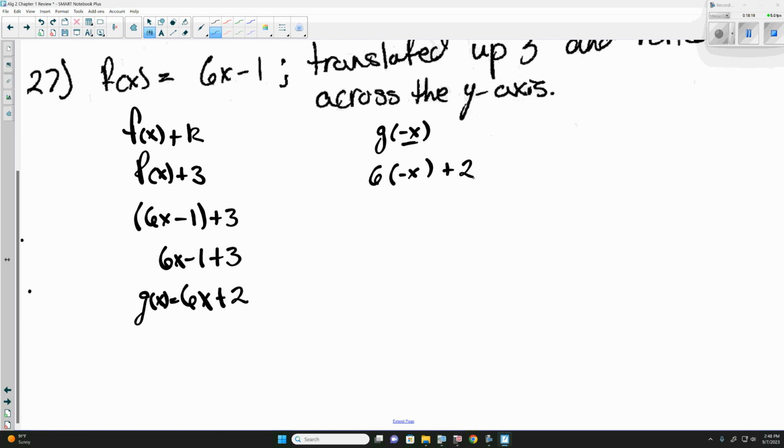Just like with the x minus 4 previously, we replaced x with x minus 4. Here we're replacing x with negative x. Multiply them together. 6 times negative x is negative 6x, plus 2. Now we could call it h of x. Doesn't really matter, but that is our function.